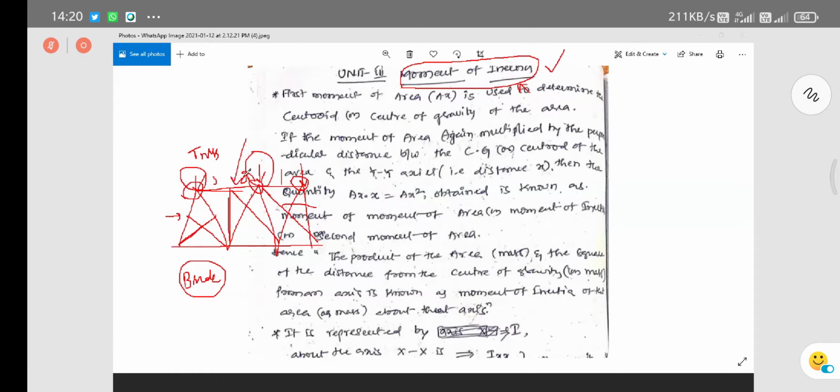Not only this type of bridge structure, but any kind of beams, beam thickness or rods, any individual elements, have a limit on how much twisting and rotation they can take. That limit is calculated by moment of inertia. Up to that limit only, the structural member will sustain that force.